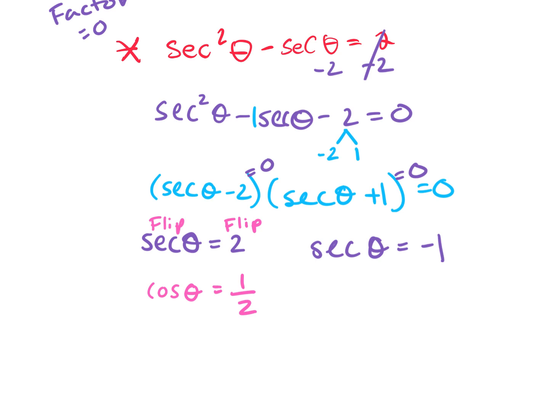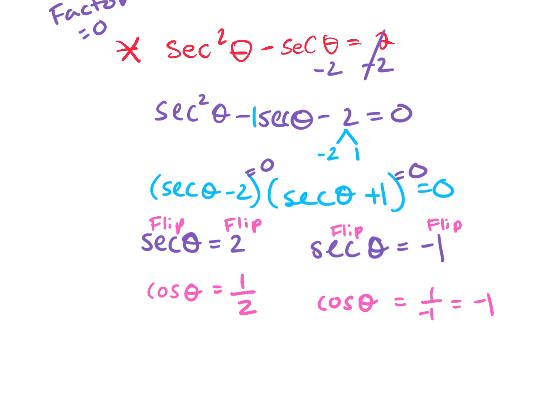Let's do the same thing for our other little equation here. If we flip secant to be cosine, then we also have to flip the number to be negative 1 over 1, or 1 over negative 1, which is still just negative 1. So when we flip it, it doesn't change. So just make it 1 over whatever number it gives you.